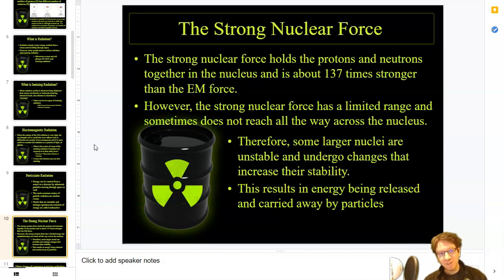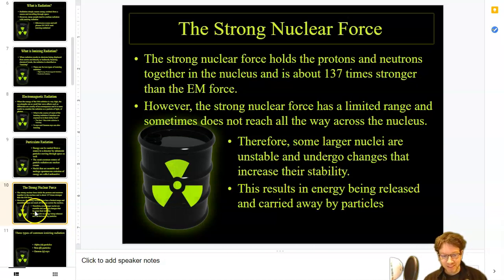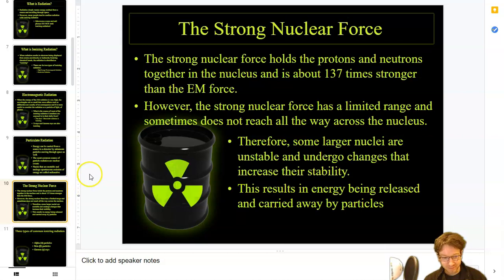But the strong nuclear force, unlike the electromagnetic force, has a limited range. It doesn't act over infinity. And so when you have very, very large nuclei, sometimes they can become unstable and shoot something out, and the strong nuclear force can't bring it back in. It's out of its range. Okay? And that's where particulate radiation comes from.